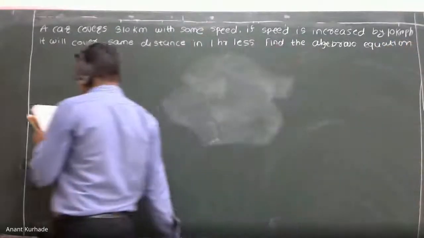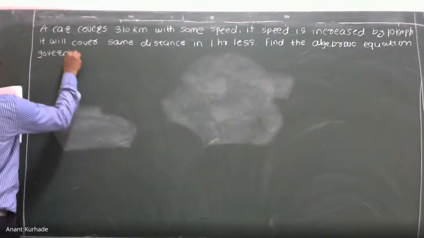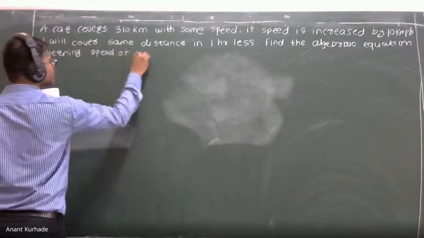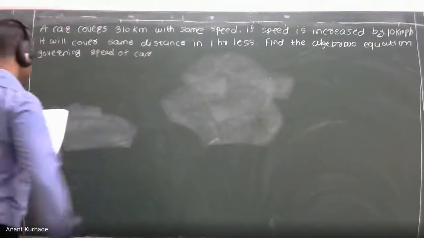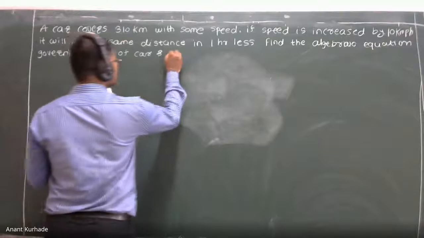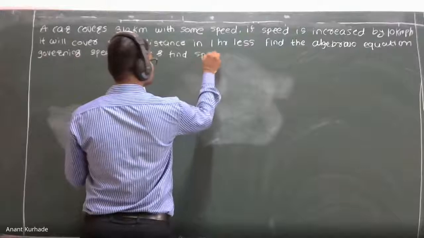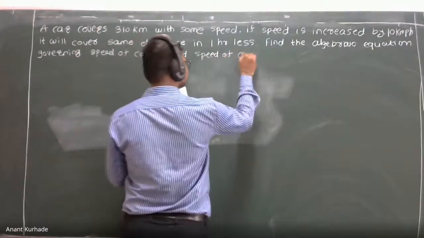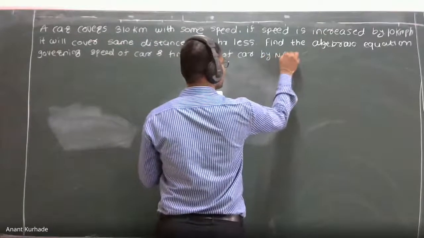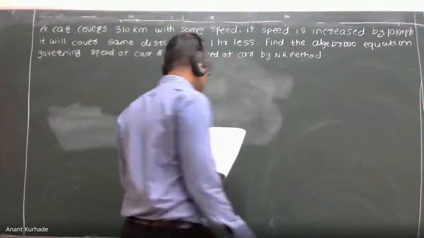Find the algebraic equation governing the speed of the car, which means you have to formulate that equation first and find the speed of the car by the NR method. In the NR method, within 2 to 3 iterations you can get this answer.